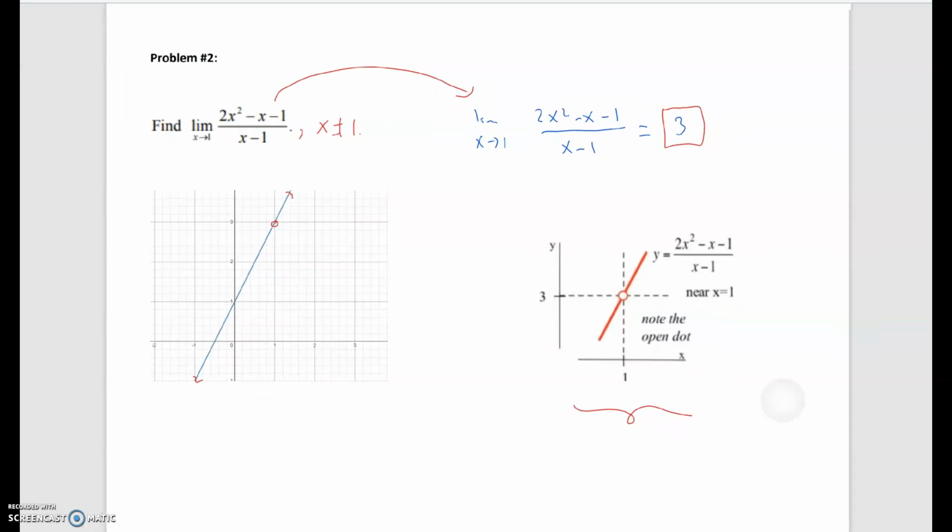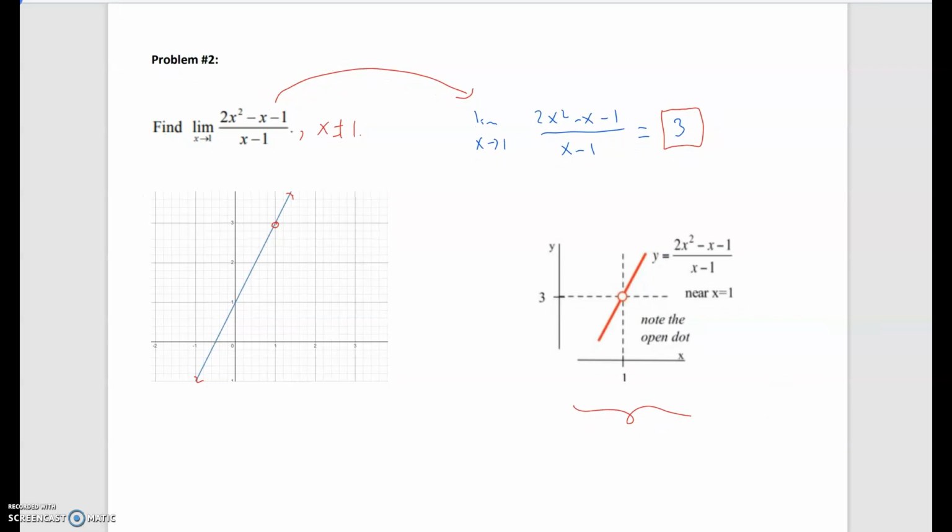All they want us to do on this one is basically view the picture, or they may ask you to graph it and evaluate the limit. And then you can see that on both directions, your function is approaching 3.